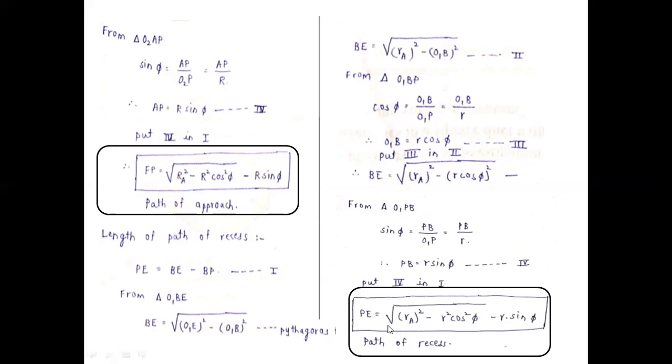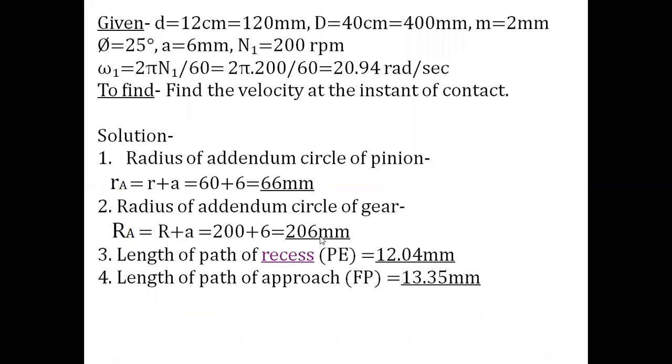That is the formula to find the length of path of recess PE. From this formula we will find the path of recess PE. That answer we are getting here is 12.04 mm.